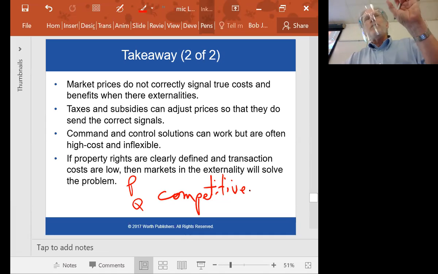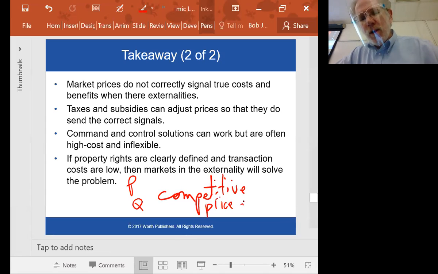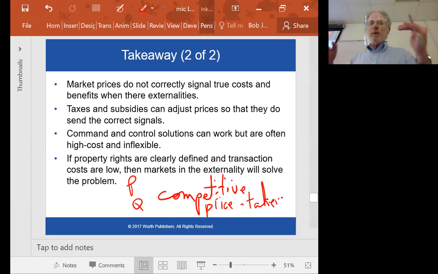Each producer is a very small part of the market. So as a result, each firm says, I am a price taker. Just means each firm says, I have to take the price as given. I don't have any control over the price. I've got to charge the same price as everybody else because I'm a tiny part of the market.